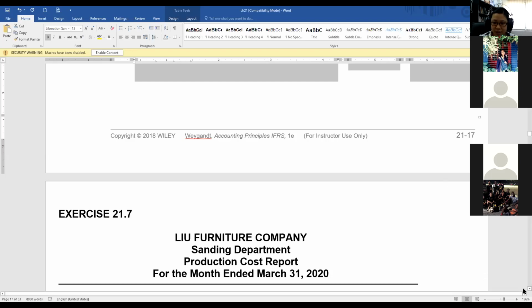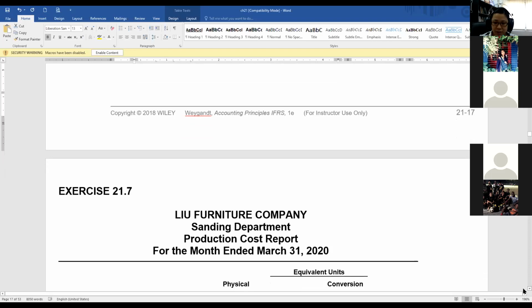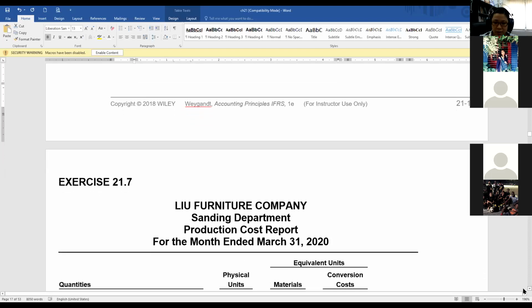Okay, the first step is we're going to find the physical unit, class. Now, how many physical units do they give us for work in process at the beginning, class?